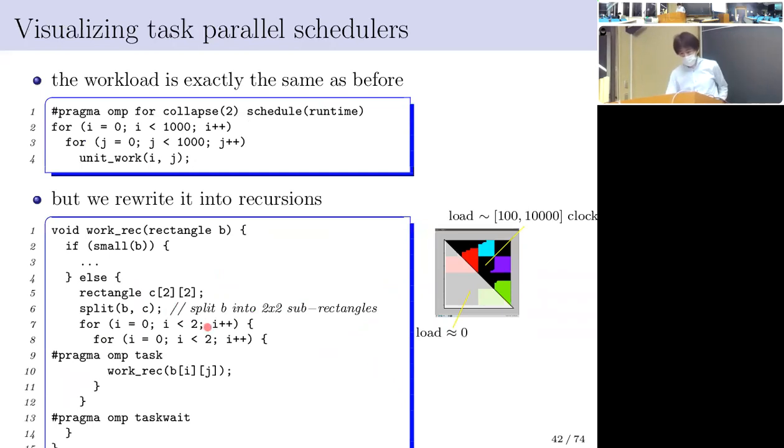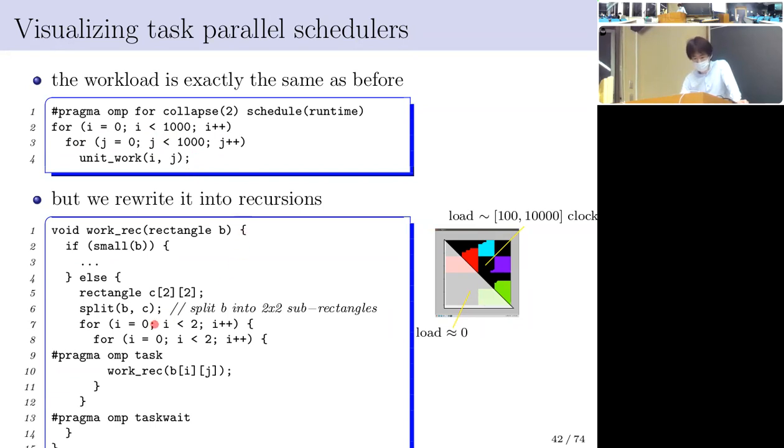This is another visualization I want to demonstrate of the same workload. Originally it is again the same doubly nested loop, but in that case we are trying to parallelize this using recursive divide and conquer.